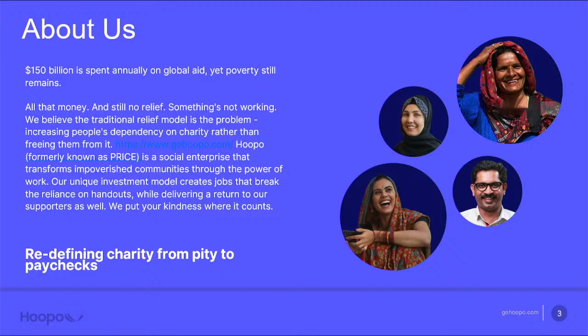Our mission is simple: how we can help the deprived communities go from pity to paycheck, and help our supporters go from donation to dividends. With this mission, we are working to redefine charity.